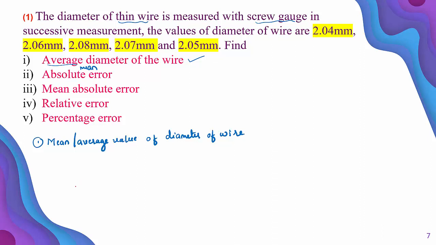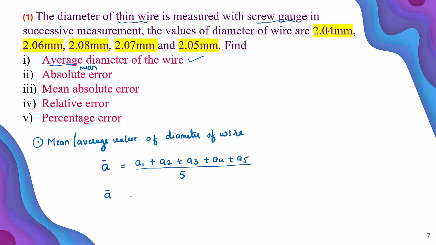How to find mean value or average value? Mean value means generally we are going to take it as A bar is equal to. See here, totally there are 5 trials. So we can write A1 plus A2 plus A3 plus A4 plus A5 divided by 5. This is the formula to find mean value.